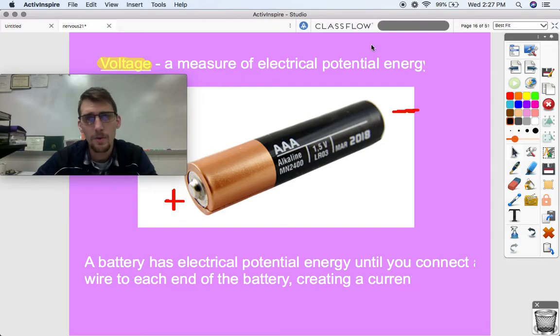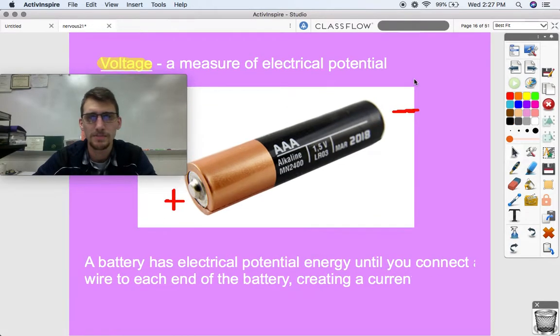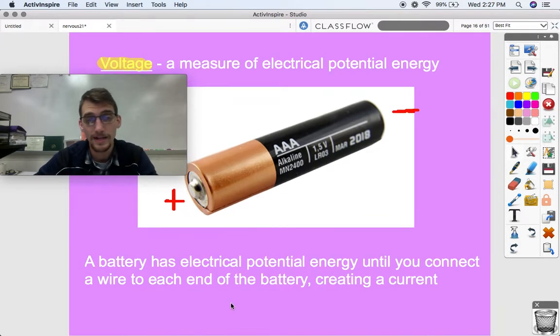So why are we even calling it voltage and potential energy? Well, now we have to get into a little bit of physical science. A battery has electrical potential energy until you connect a wire to each end of the battery, creating a current. You're converting that potential energy into electrical current when you hook the battery up to the wire.